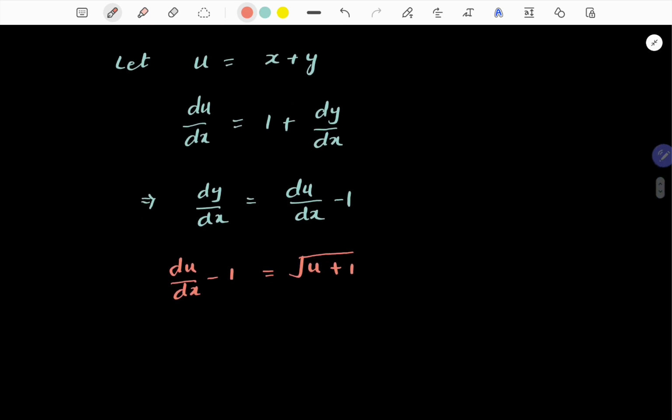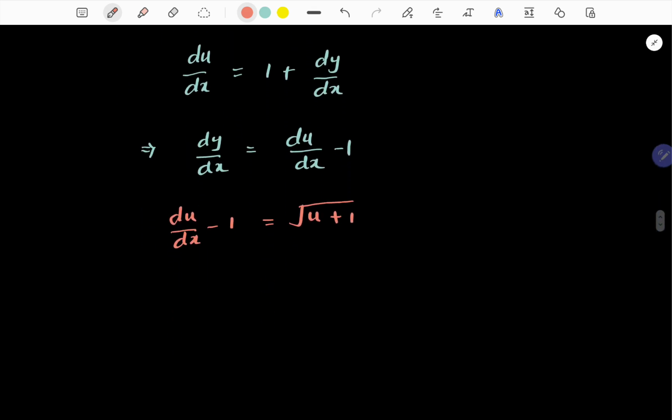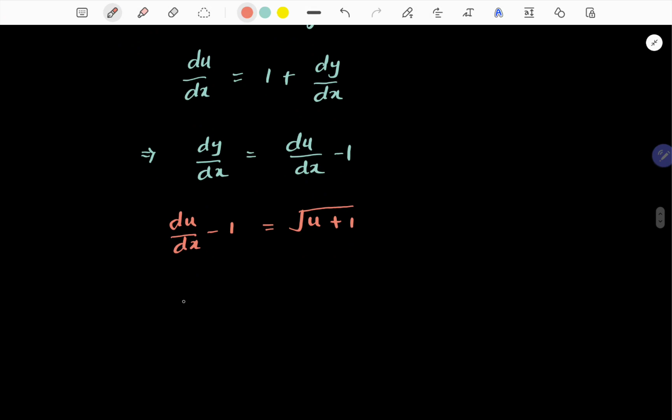So it can be written as du/dx equals the square root of u plus 1, plus 1. Taking the 1 to the right side, we get this relation: du/dx is equal to the square root of u plus 1, plus 1.